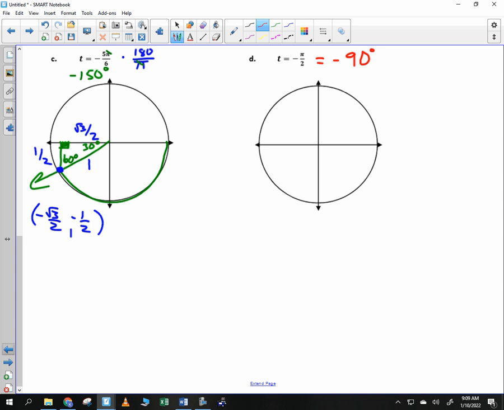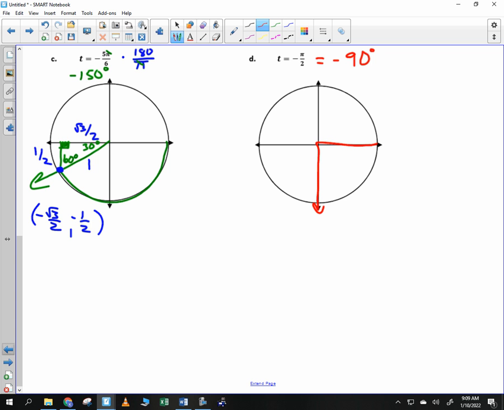We have negative 90 degrees. So, Josh, could you tell me when I rotated negative 90 degrees? Right there?